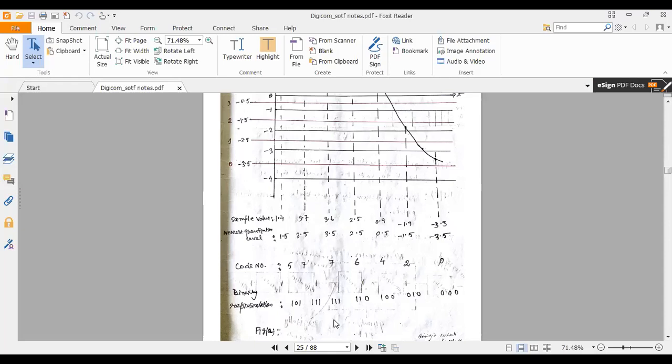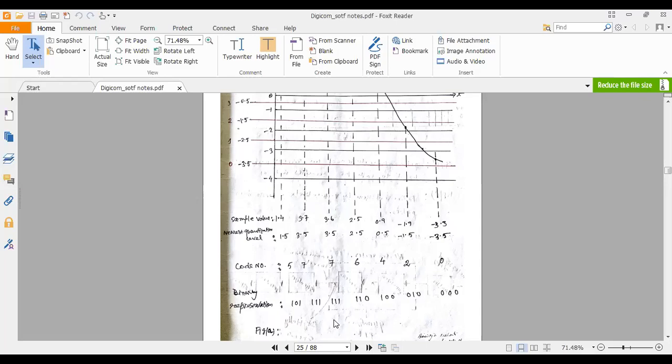The whole process what I have described now, the process from sampling to ultimately binary representation of the code number, so the whole process basically is called pulse code modulation system. Okay, so we had one analog signal, we sampled using the sampling process, then we quantized by using some quantization levels, and the number of quantization levels depends upon the total number of bits required to code each and every sample value.